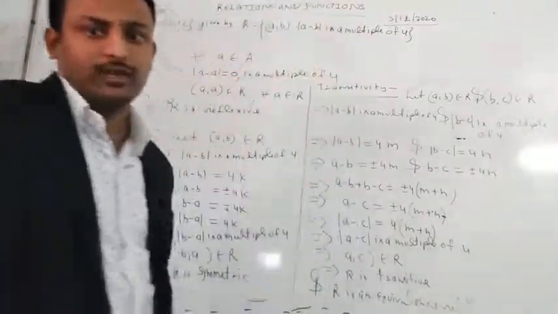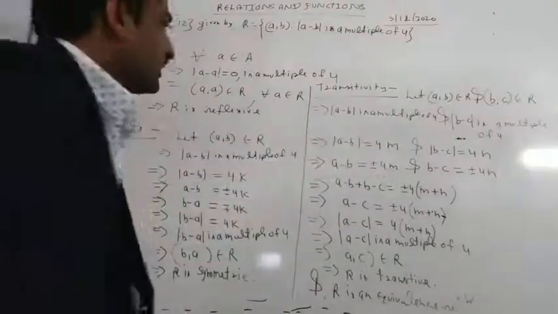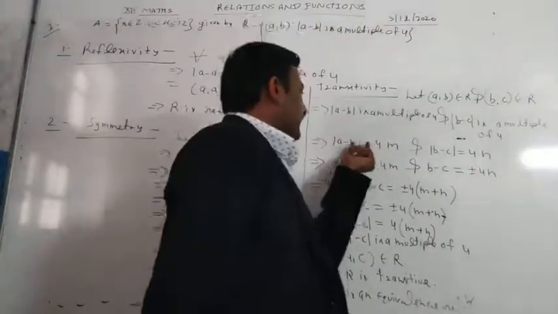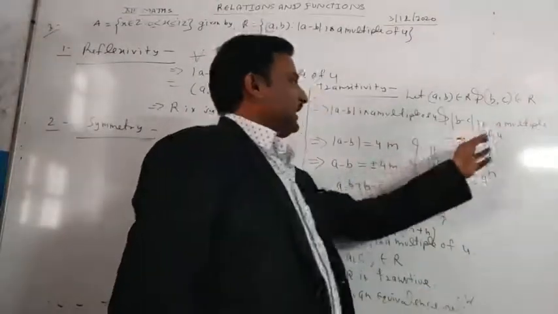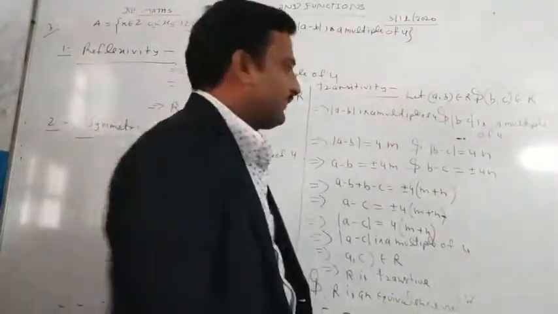Now we can write A minus B is equal to 4m, because this is a multiple of 4, and B minus C is 4n.